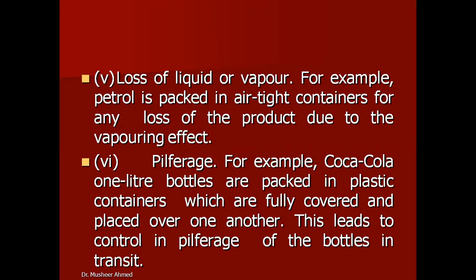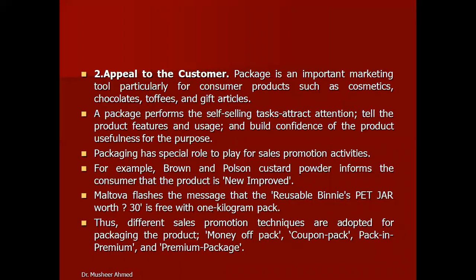Sixth, pilferage, like Coca-Cola bottles are packed in plastic containers, right, which are covered and placed over one another in order to avoid the pilferage of the bottle in transit, right? So these are the six basic kinds of protection which is being provided by packaging to the product.